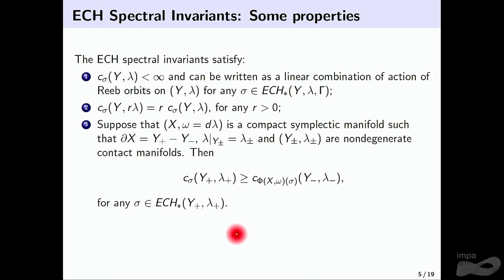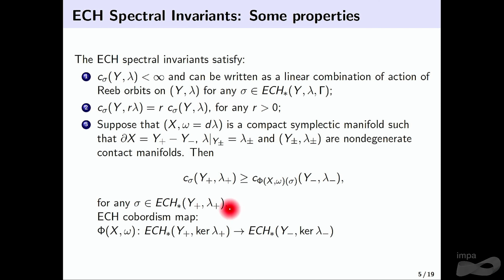Here I'm calling this map phi_X,omega. This is a map that goes from the ECH of the positive part of the boundary of X to the ECH of the bottom part. And we have this type of monotonicity. I'm being a little bit sloppy here.